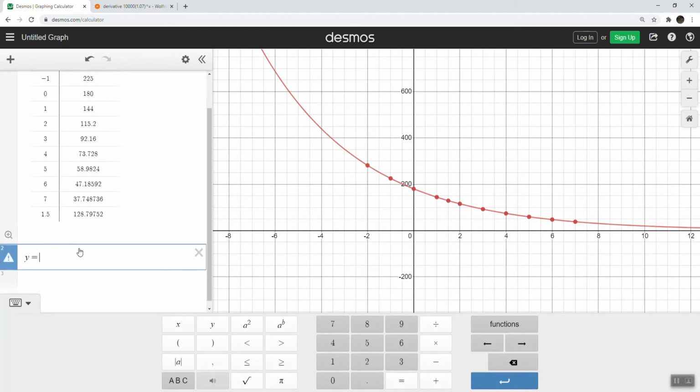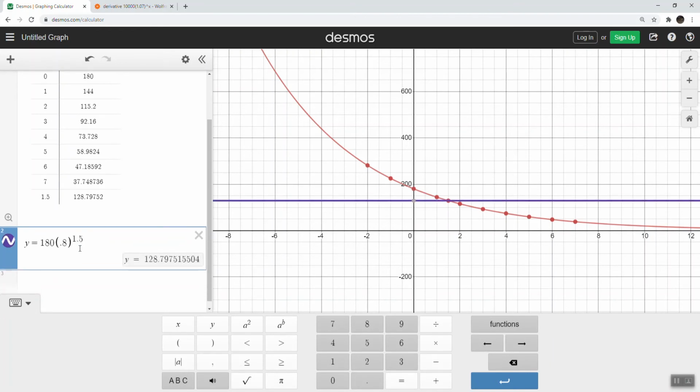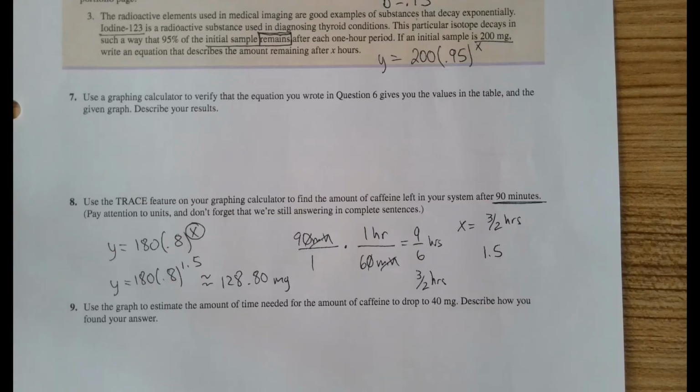But if you didn't use that table, you would write it like this, and you get the same answer. So that's approximately 128. If we do 2 decimal places, this would be 128.80 milligrams as our correct answer, because that's 797, the 9 rounds the 7 up.